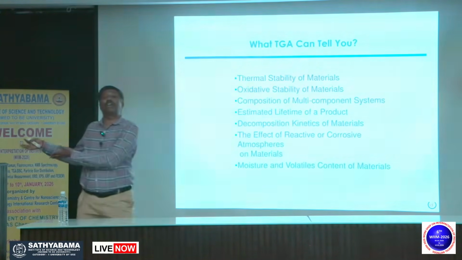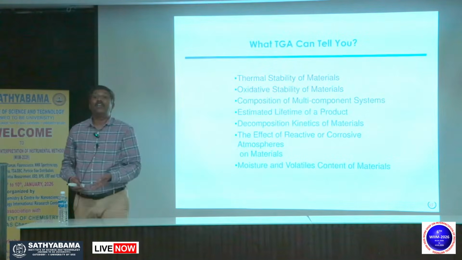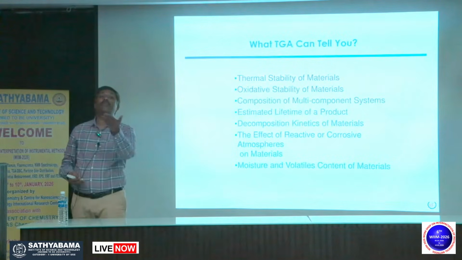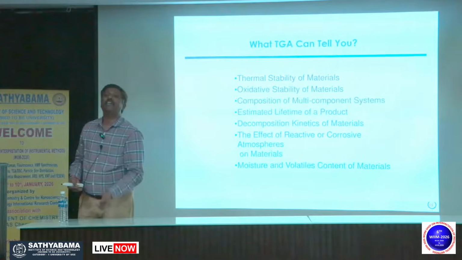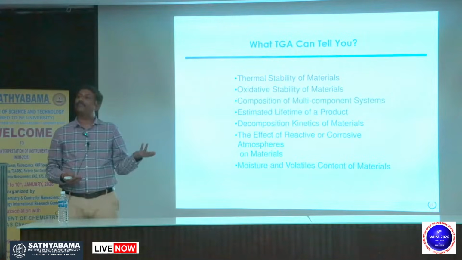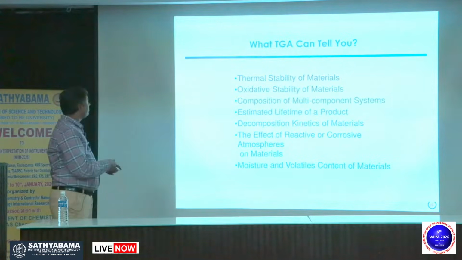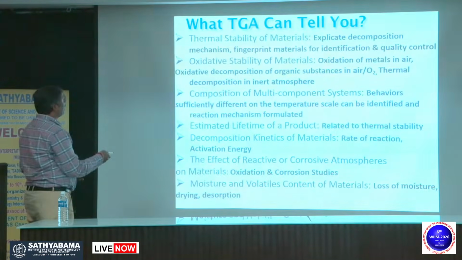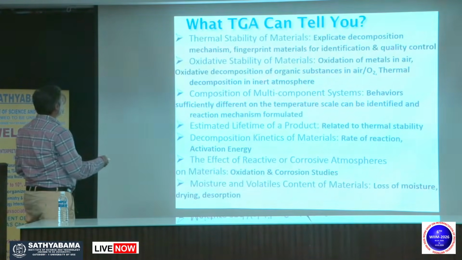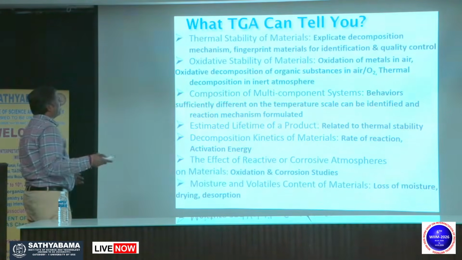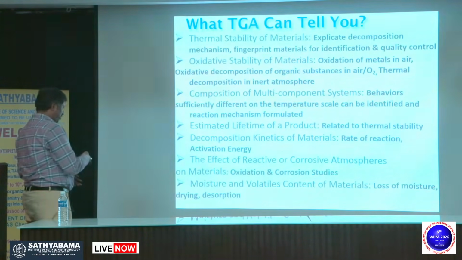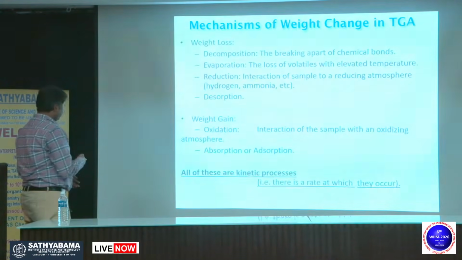Then what is the weight loss at 82? Your sample purity, you will find out. How much impurity? 10%, you find out. So thermal stability of the materials when you decompose and all this thing. Anyway, our carrier gas, if you put oxygen, you will find out something else. I'm not going into this detail.